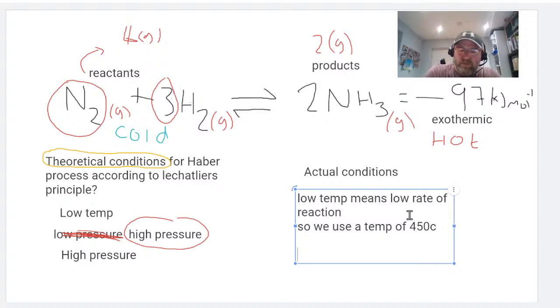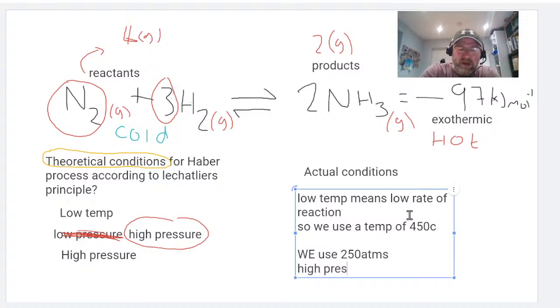And also we use 250 atmospheres, which means 250 times the pressure that's on your head right now. You'd be crushed if you walked into 250 atmospheres. You'd be squashed like a tin can. So it's quite a high pressure, but why not 1,000?